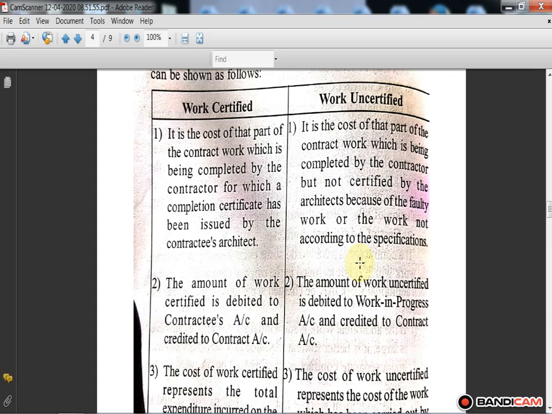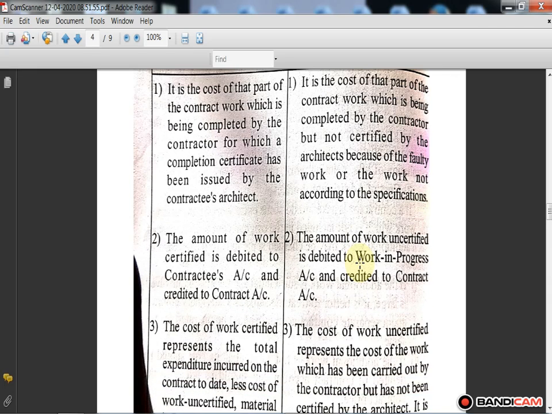So work uncertified means the work is completed but the certificate of completion is not issued by the architect due to the faulty work of the contractor or the work not being according to the specification. It's called work uncertified. Remember this.